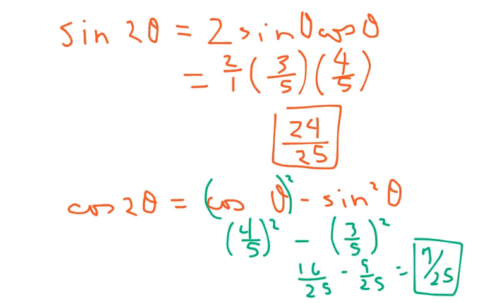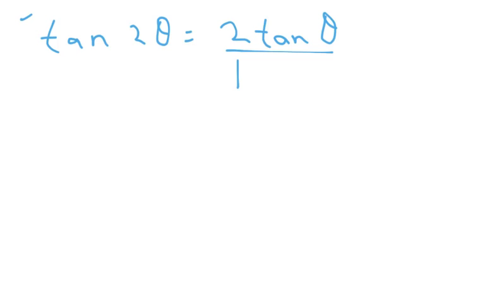Now we're going to do tan of 2 theta, which equals 2 tan theta over 1 minus tan squared of theta. These are the ones right here, the tangent, the ones I don't really have memorized. Alright, so tan of theta is 3/4.